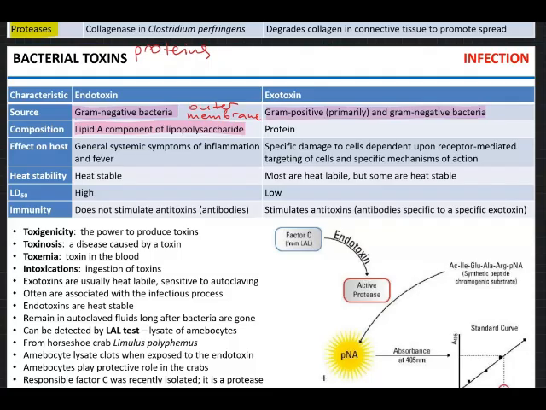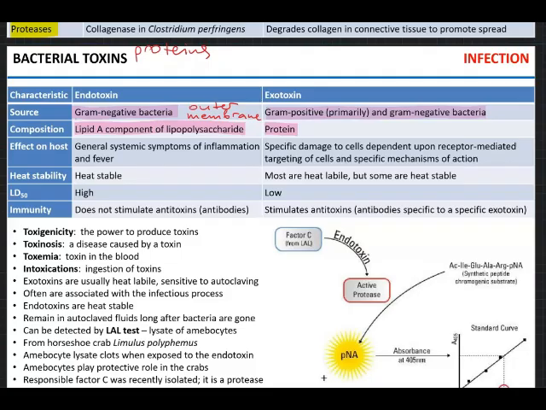The structure of the exotoxins, these guys are overwhelmingly proteins of different shape and function. So the effects that endotoxins and exotoxins have on the host also vary dramatically.